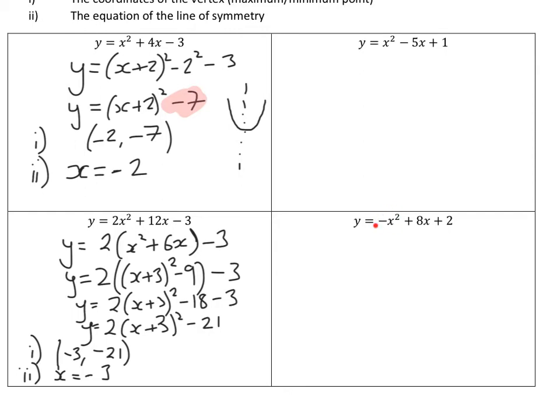It's a negative x squared, so it's going to look like an n, so it's going to be a maximum, but it's still the same idea. You're trying to get the bracket to be 0, and then the minimum or the maximum is just whatever other number is there. Because this -21, look, I could have taken to the side to get y plus 21, so then y is the opposite, y is -21. Okay, so pause and try these two yourself.